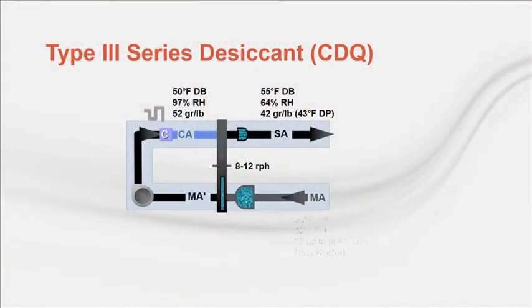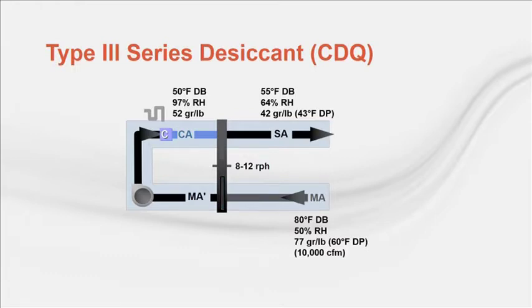Where does this adsorbed water vapor go? The answer is that the wheel slowly rotates and this water vapor is released upstream of the coil. Mixed air enters the wheel at 80 degrees and 50% RH. At this relative humidity, the wheel desorbs water vapor into the mixed air stream without the need to add heat to the airstream. In fact, desorption actually cools the air.